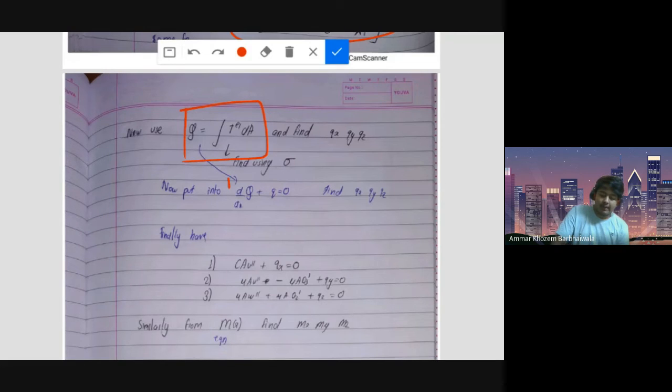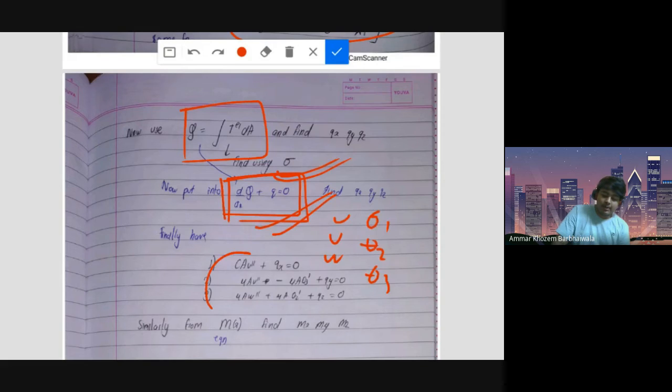Then we can put it into this, because these are our governing equations. These equations should always be satisfied. We want to write these equations in terms of our unknowns u, v, w, theta 1, theta 2, and theta 3. We write this q of x, which we know because we would get that from the boundary condition, and we have these three equations, C A u double dash, and these are equations in terms of u, v, w and theta 2, theta 3, and so on.